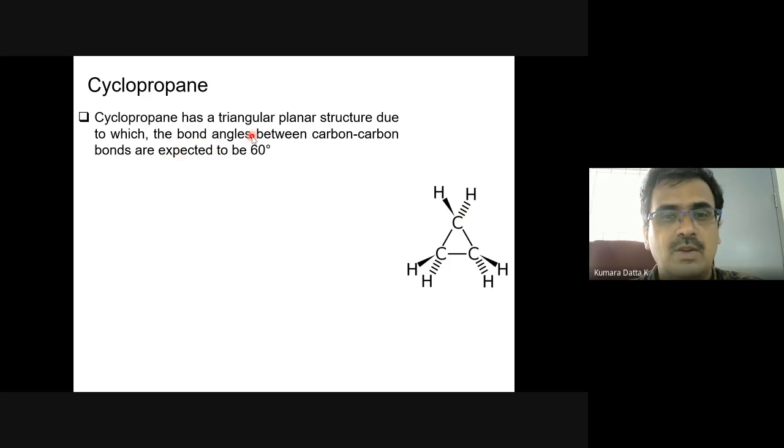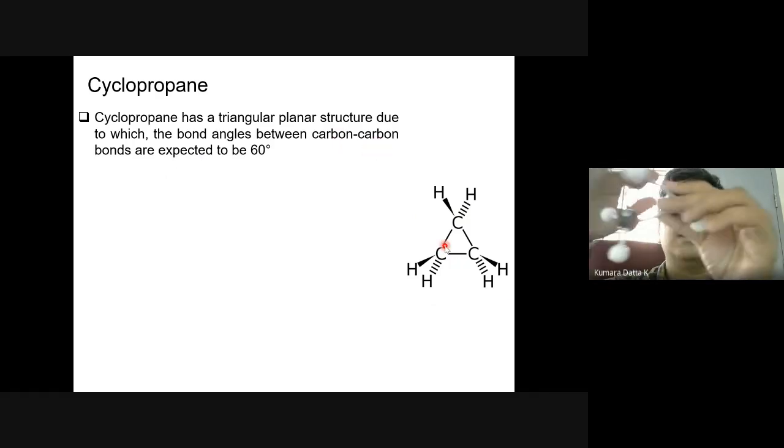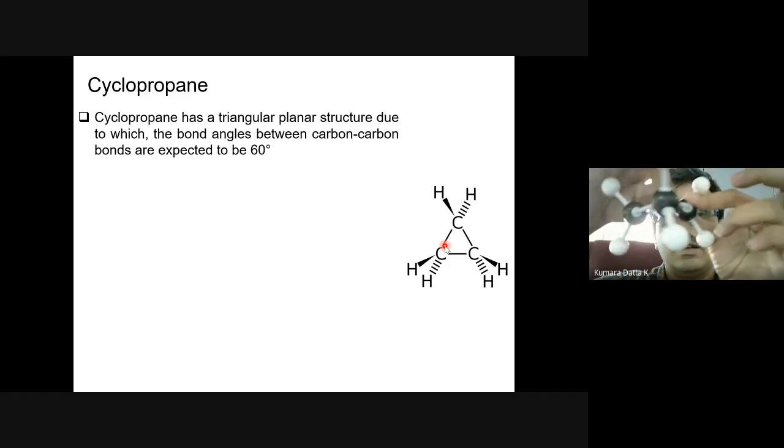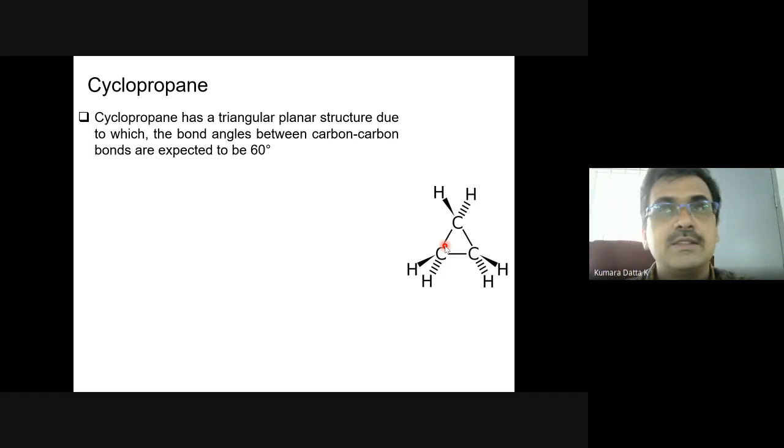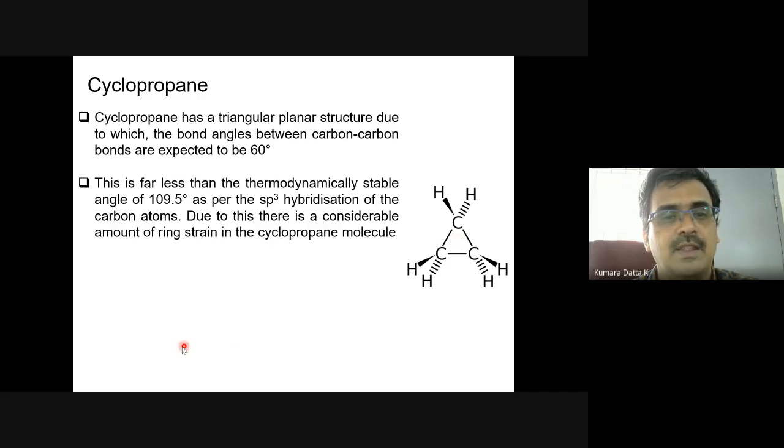Cyclopropane has a planar structure where the bond angle between carbon and carbon is 60 degrees. Here, here, here. Again, 60 degrees is less as compared to tetrahedral geometry.